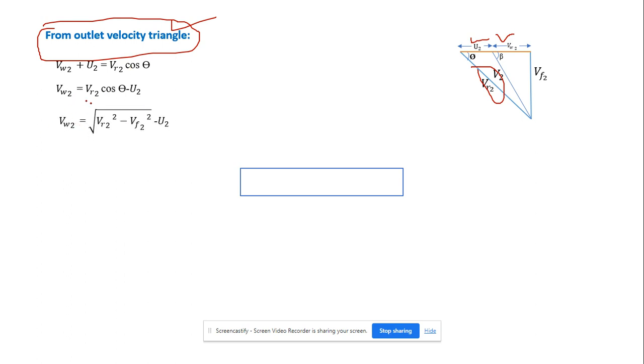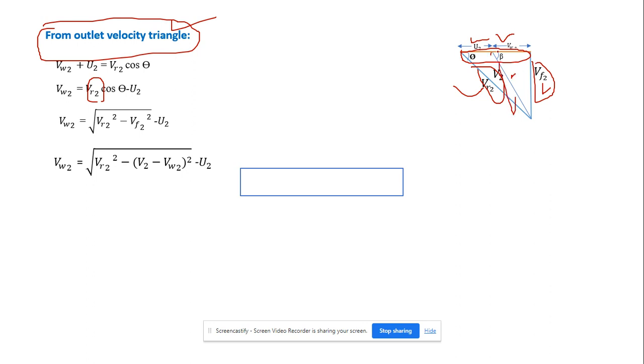As per the Pythagoras theorem, Vf2 square is equal to Vr2 square minus (Vw2 plus U2) square, and from this triangle Vf2 square is equal to V2 square minus Vw2 square.